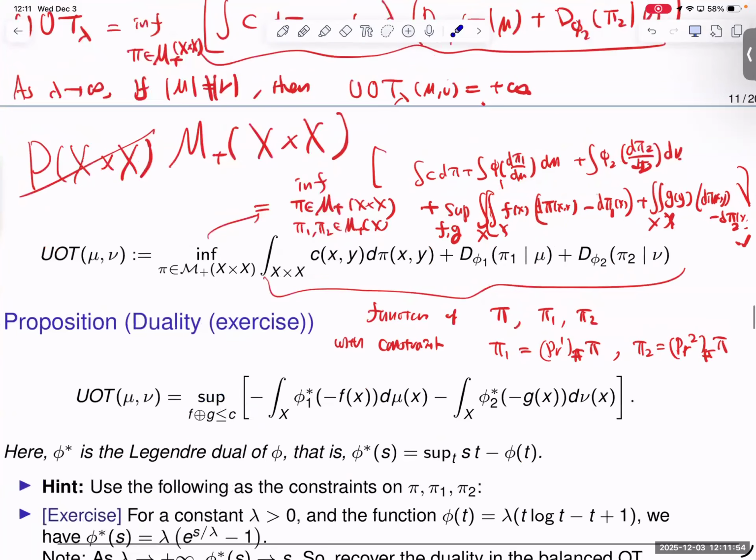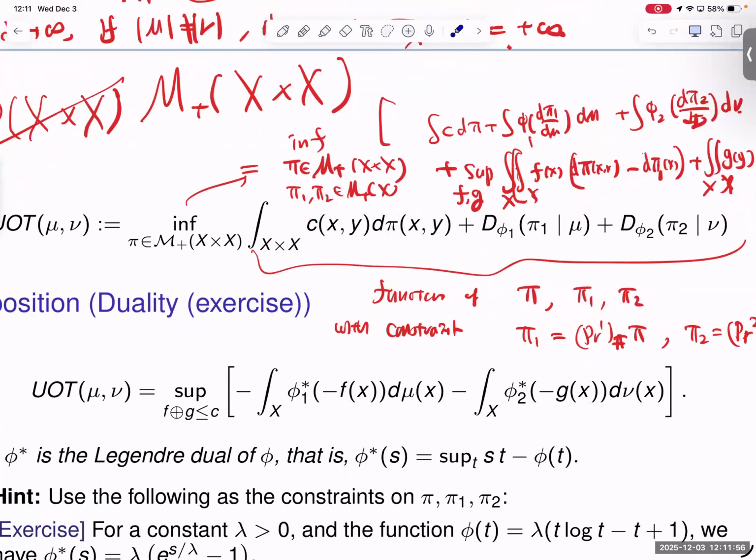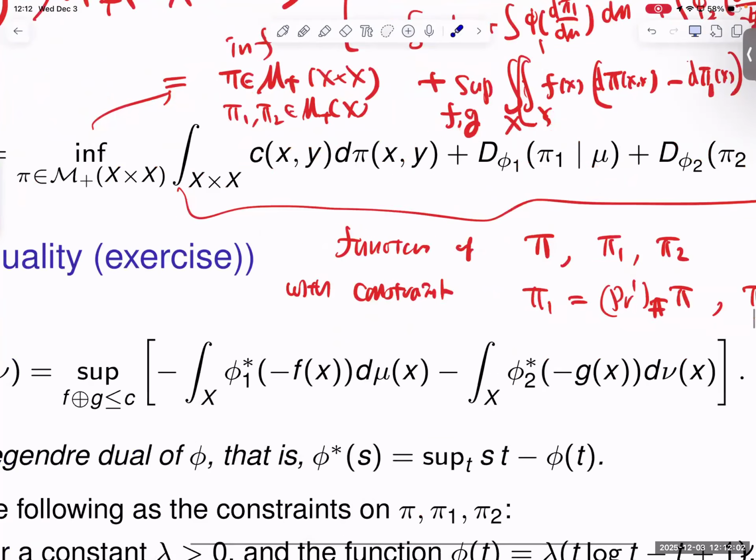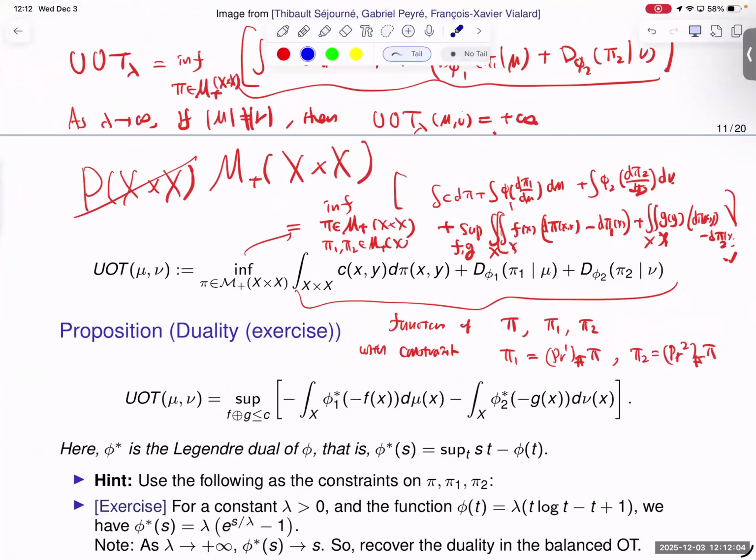And this constraint is actually exactly the same as what you see in the usual duality in optimal transport. But here, because of this thing, you have this phi 1 star and phi 2 star, which are the Legendre transforms of phi 1 and phi 2.